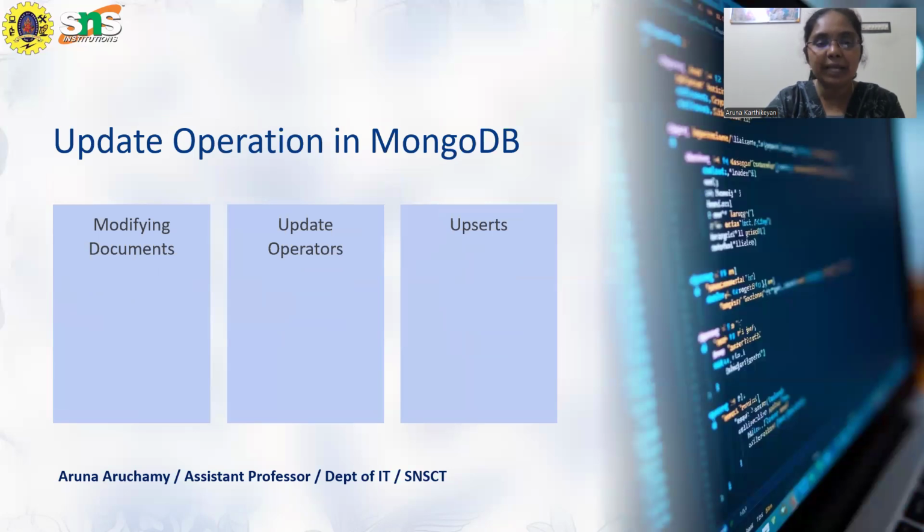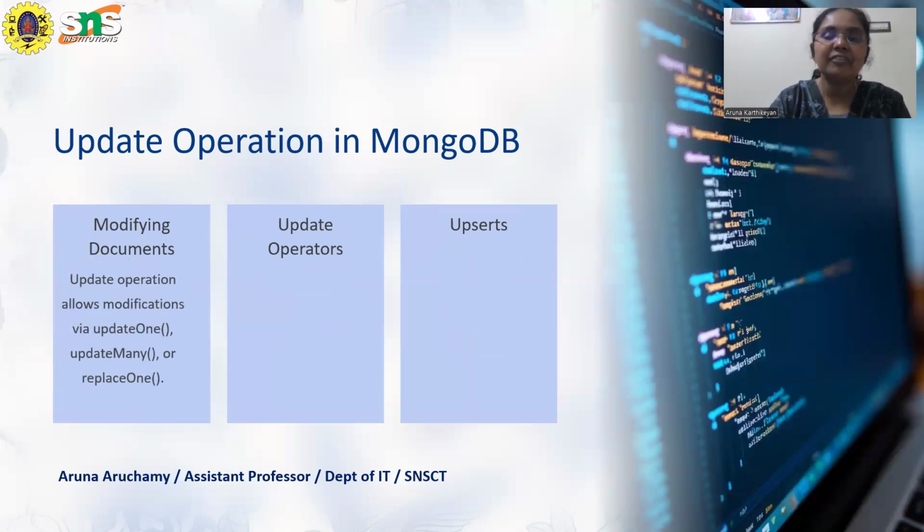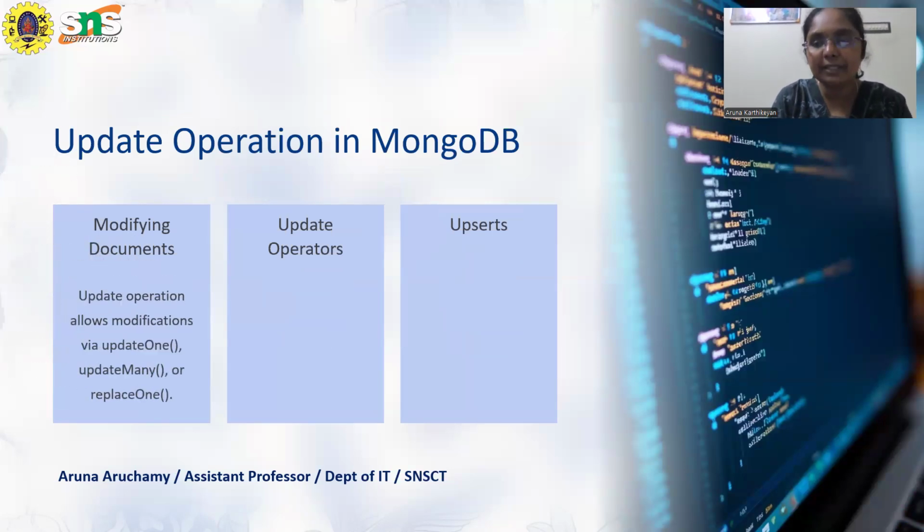Next one is update. Update is used if I want to modify any record present inside the collection. Here also I can do it in two ways. One is updateOne, another one is updateMany. Another keyword is replaceOne, an alternative to updateOne or updateMany. I can use any one of these methods to update my collection or my field.